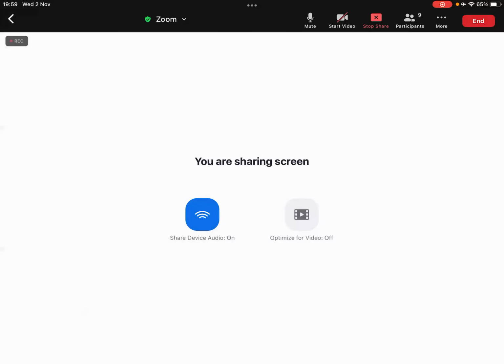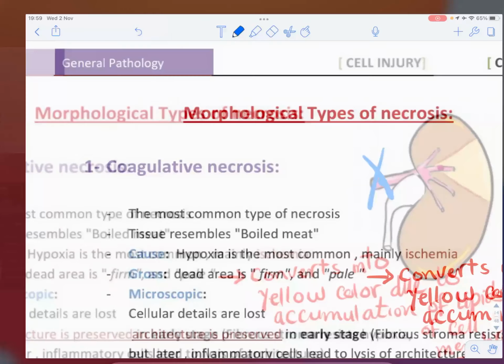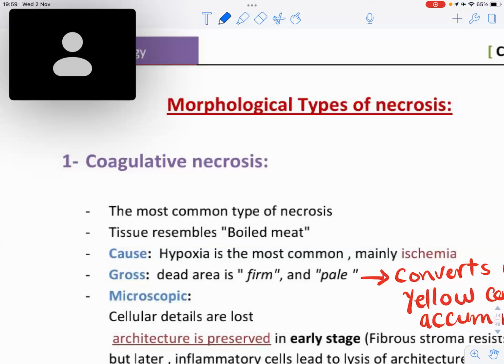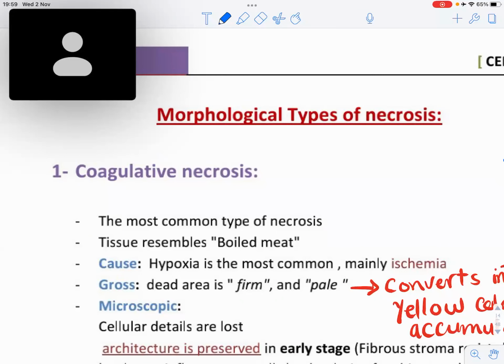No, of course. Listen, when you boil some fresh meat, the fresh meat is red in color, but when you put it inside hot water, will the color be red or pale? Of course it will be pale.